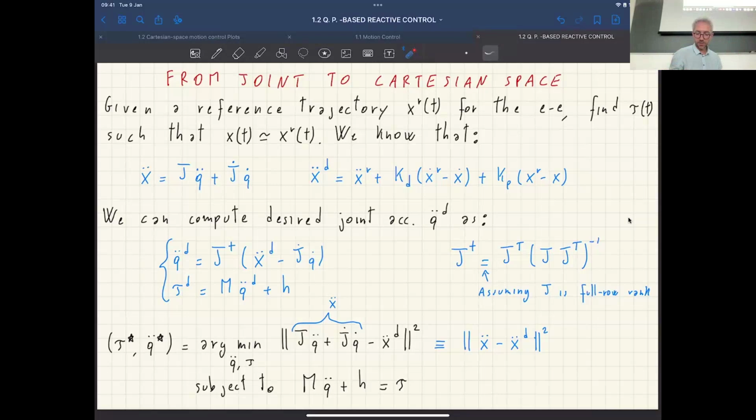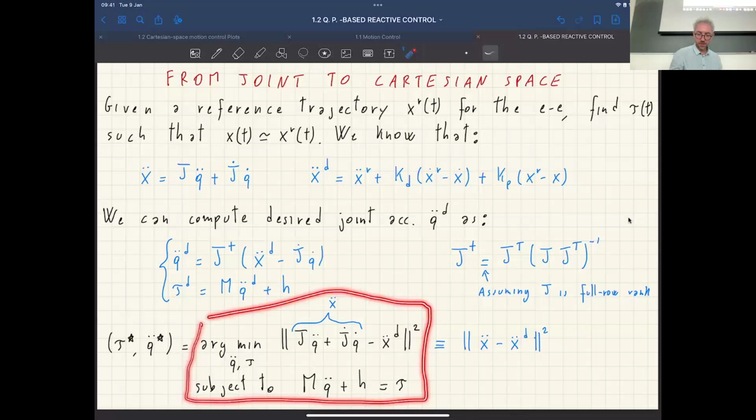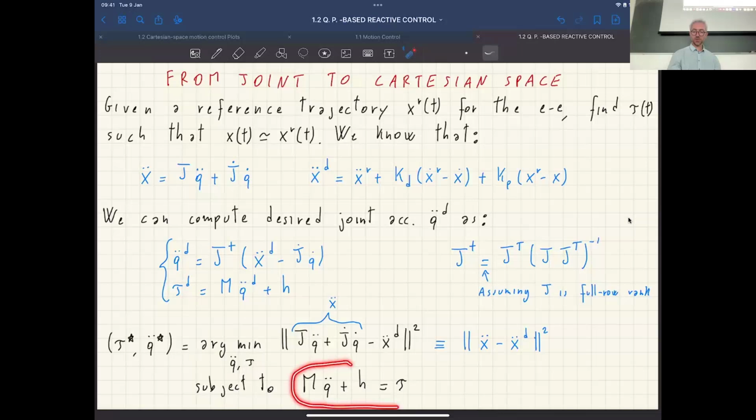We can write an optimization problem, which looks like that. We have exactly the same decision variables as before, so joint accelerations, joint torques. We have exactly the same constraints as before, which are the dynamics of the robot in joint space. So the only thing we have changed is the cost function.